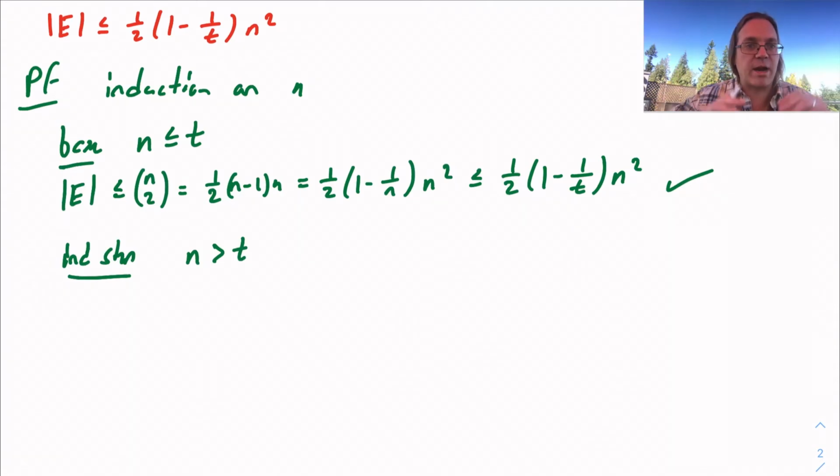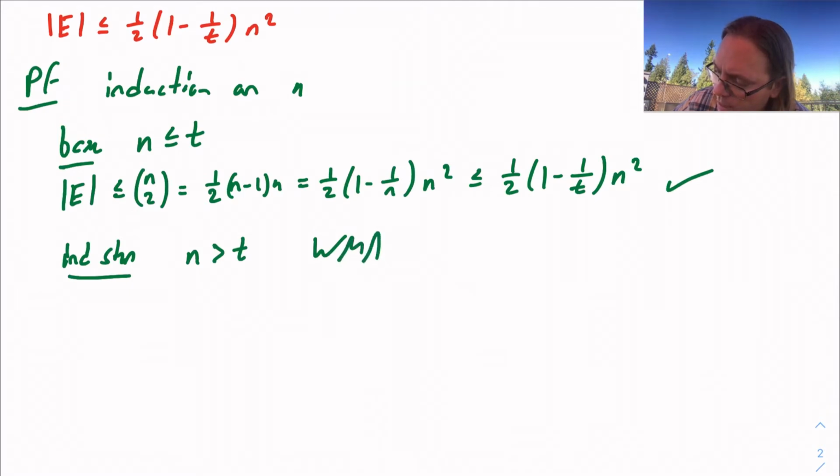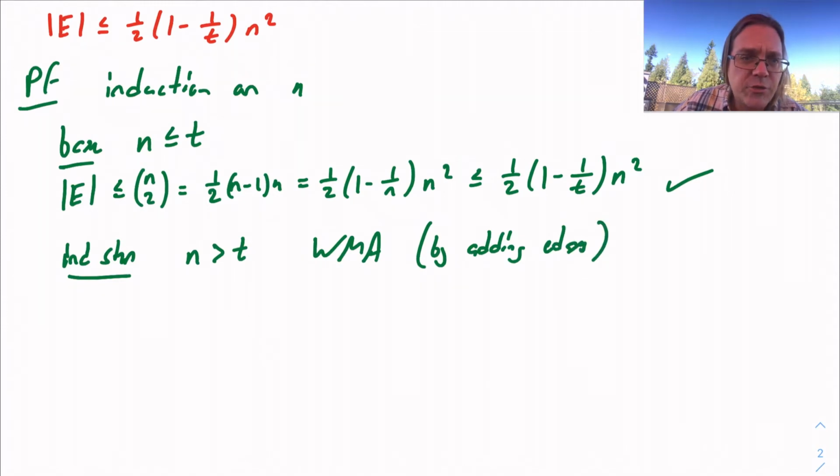And that's the graph I'm going to operate with. If we can prove that graph satisfies this upper bound on the number of edges, then that will be true about the original one. So we may assume, by adding edges, that G has a clique of size t.